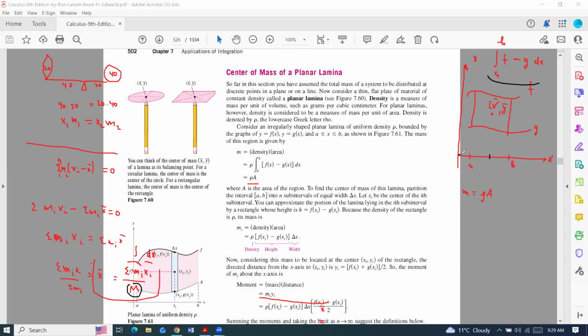So in terms of x, the value will be just x bar. But for the y it is different. Notice for the y coordinate, when I need y bar, it is going to be a half of the sum.